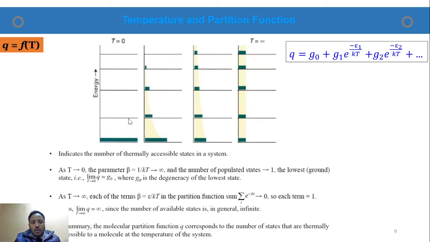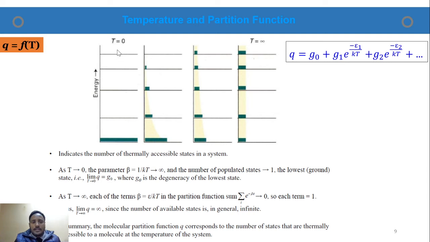So there will be no contributions from the energy levels other than the ground state energy level. If we look at this summation, we will only have q equal to G0, as the other terms become 0 each. So q will be equal to the degeneracy of the ground state, or the lowest state, for T tending to absolute 0.